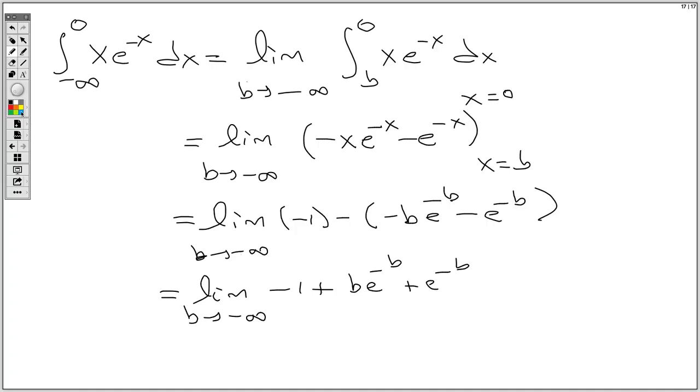So what's happening here? B is heading off to minus infinity. So I've got a minus infinity times what? E to the positive infinity, plus e to the infinity. So what I'm getting is that the negative 1 isn't going to matter here because I'm getting an indeterminate form, minus infinity plus infinity.